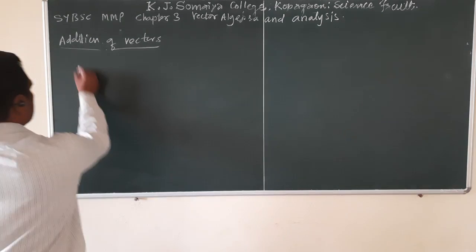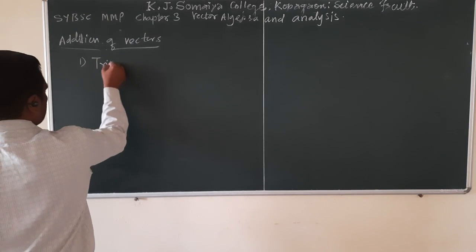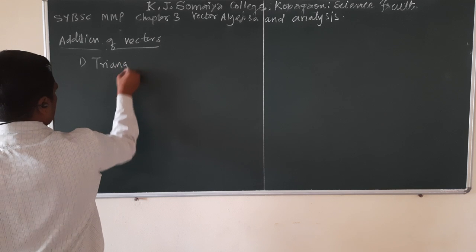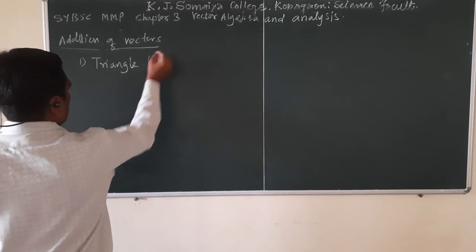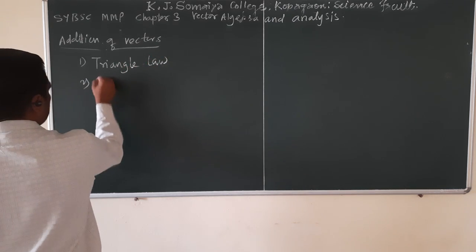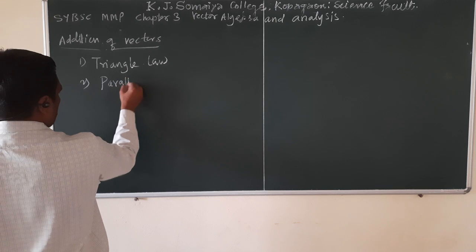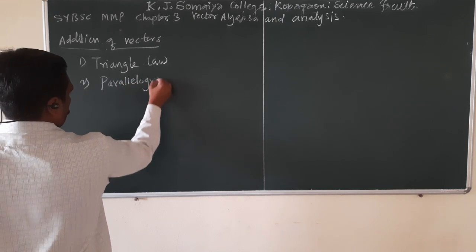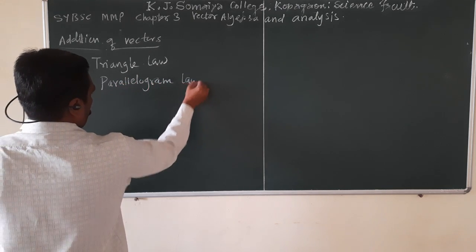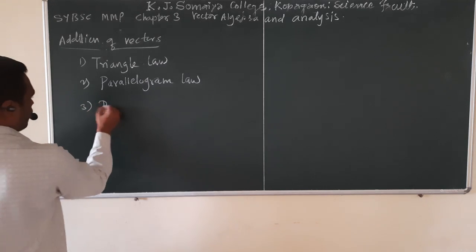The first law is the triangle law of vector addition. The second one is the parallelogram law, and the third one is the polygon law.